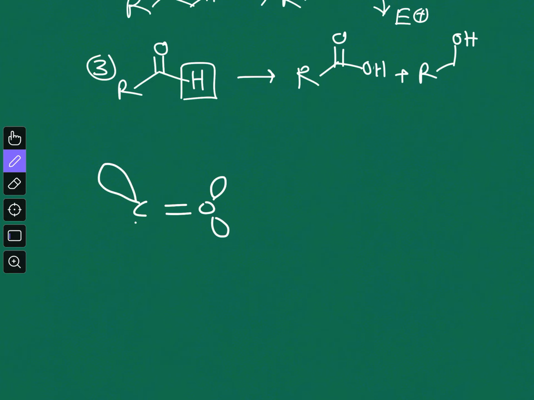So this is the pi star orbital which has greater coefficient on carbon atom. You can see the larger lobe is on the carbon atom, and smaller coefficient is on the oxygen atom.